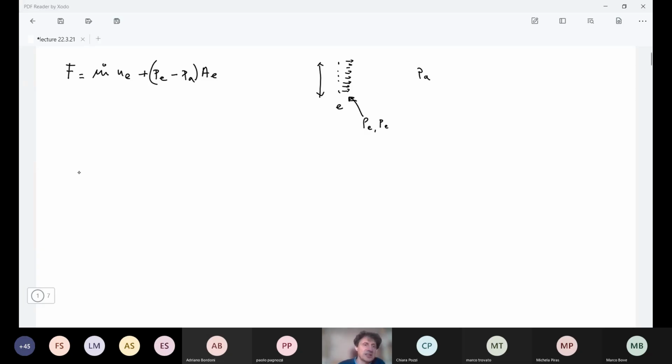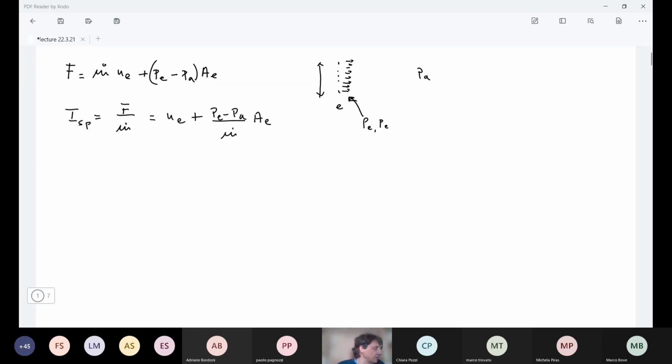We have also seen that if this is our goal, the quality of this goal is measured by the specific impulse, which is just F over ṁ, that can be expressed as UE plus (PE minus PA) AE over ṁ.